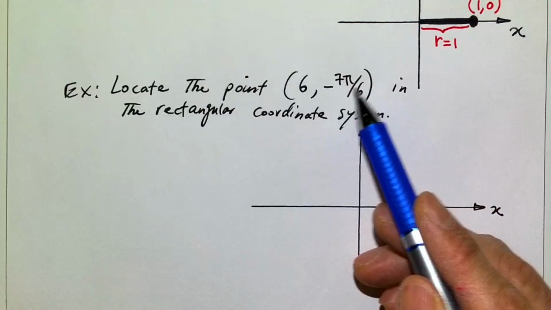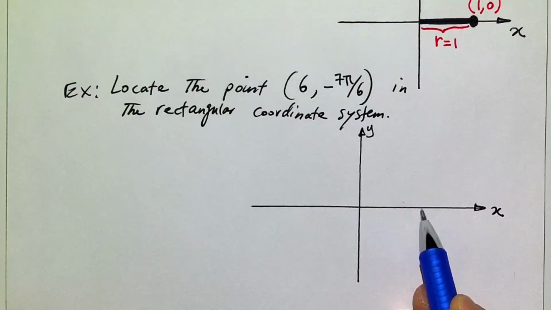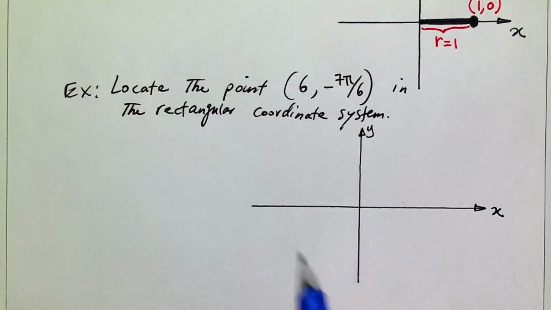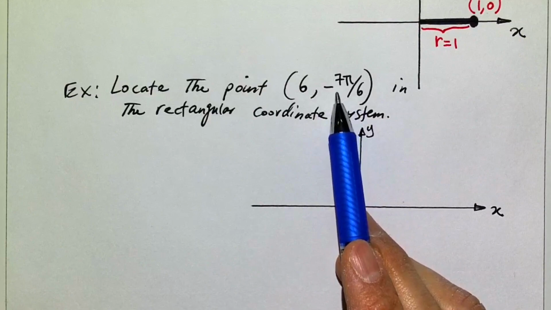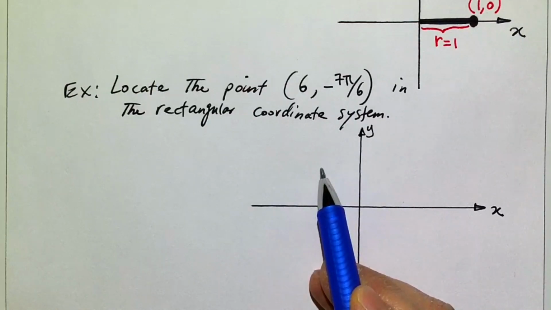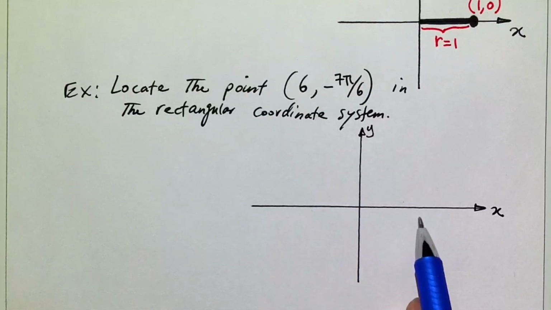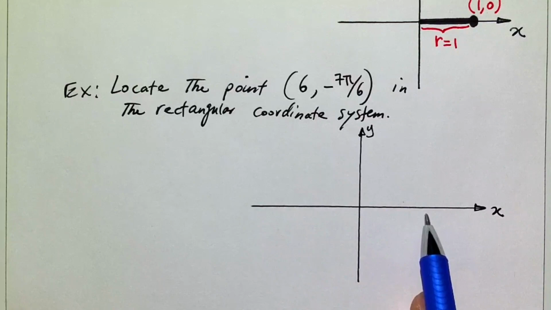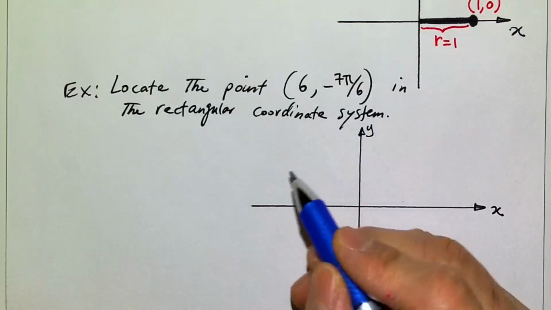We would get minus pi, which would mean go from here clockwise pi. So we would go this way. But this is a little bit larger than that. So we can't stop here. We would go into the second quadrant, moving in the clockwise direction from the positive side of the x-axis. So this would be somewhere here.